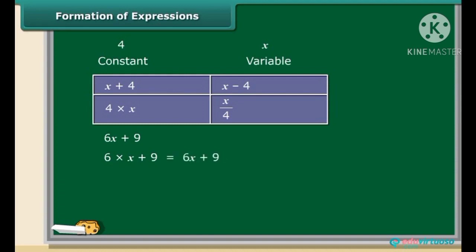Similarly, 14y minus 30: y is multiplied by 14 and 30 is subtracted. So, students, this expression is obtained by combining variables and constants with four operations.